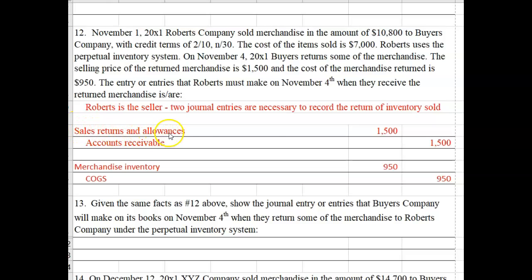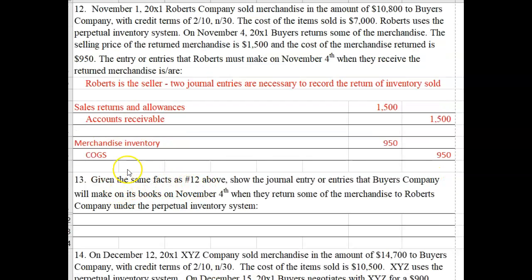Debit sales returns and allowances, $1,500. Credit accounts receivable, $1,500. Debit merchandise inventory, $950. And credit cost of goods sold, $950.